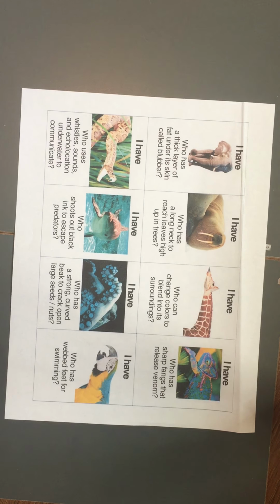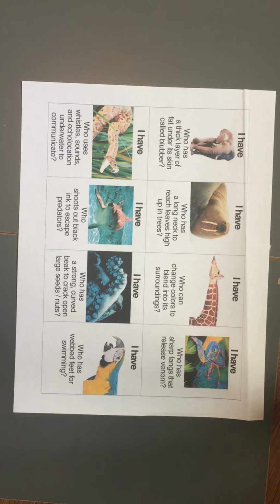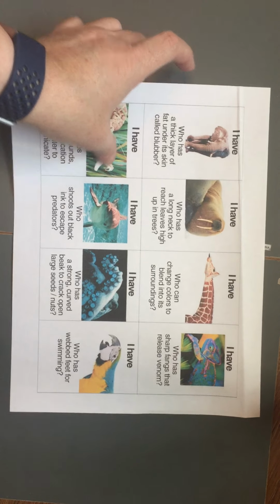Who shoots out black ink to escape predators? That would be the octopus. Who has a beak that's curved and strong to crack open seeds and large nuts? That would be our parrot friend. Who has webbed feet for swimming? Well, who would that be?